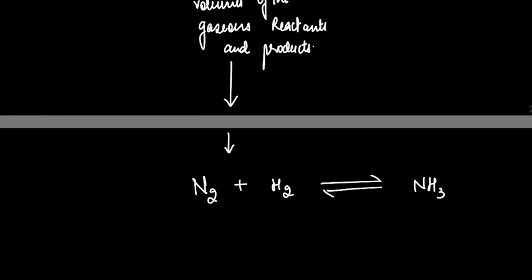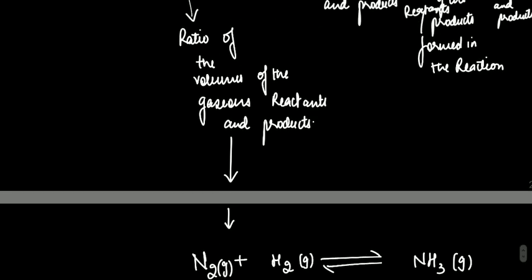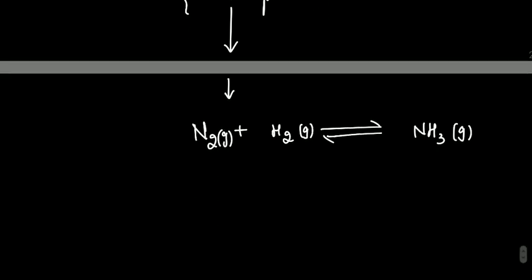So we'll balance it later. So this is in the gaseous state. They said the ratio of the volumes of the gaseous reactants and products. This is something we call Gay-Lussac's law.